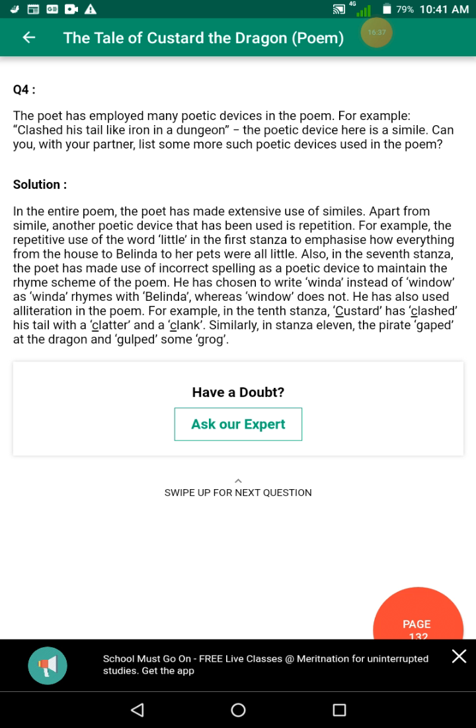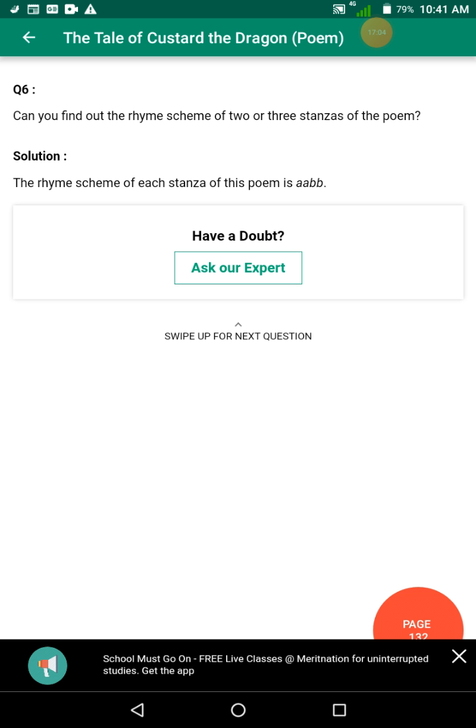Window, winda, to rhyme with Belinda. Now, the alliterated words are custard, clashed, clatter, clank, gaped, gulped, grog. Okay, children, I think now it's clear. Shall we go to the next?